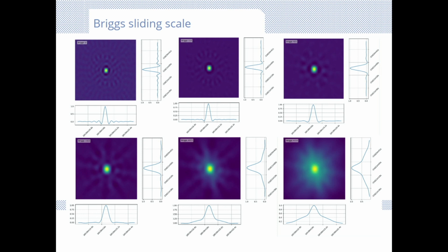So a Briggs weighting on the -2 to +2 scale that we typically use for MeerKAT is about -0.3 to about 0. That gives us a crafted PSF response where the side lobe is washed out for the most part. It's nice and flat, and it gives us a Gaussian-like response in the center.